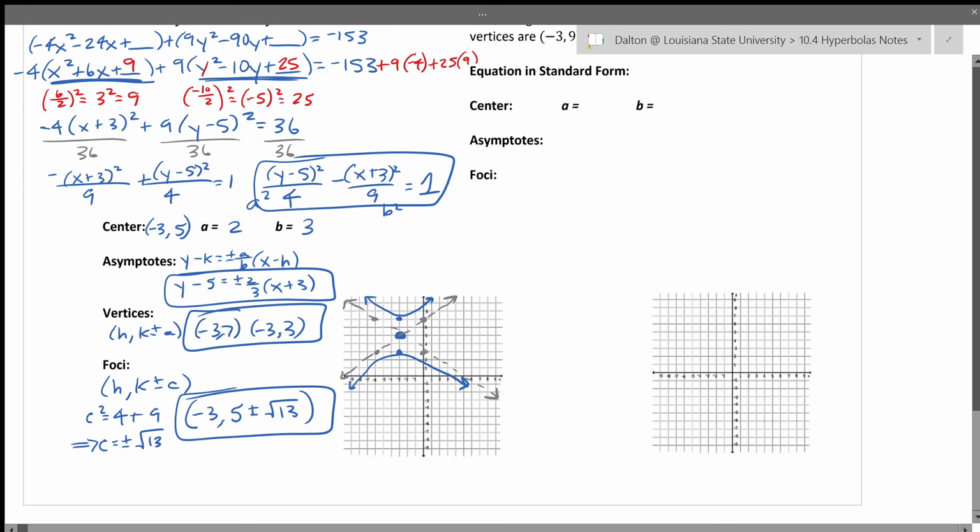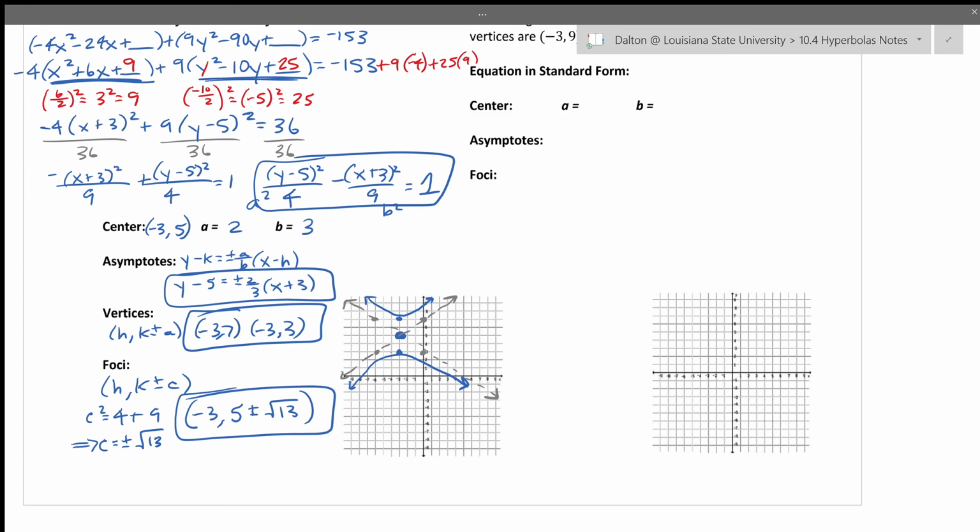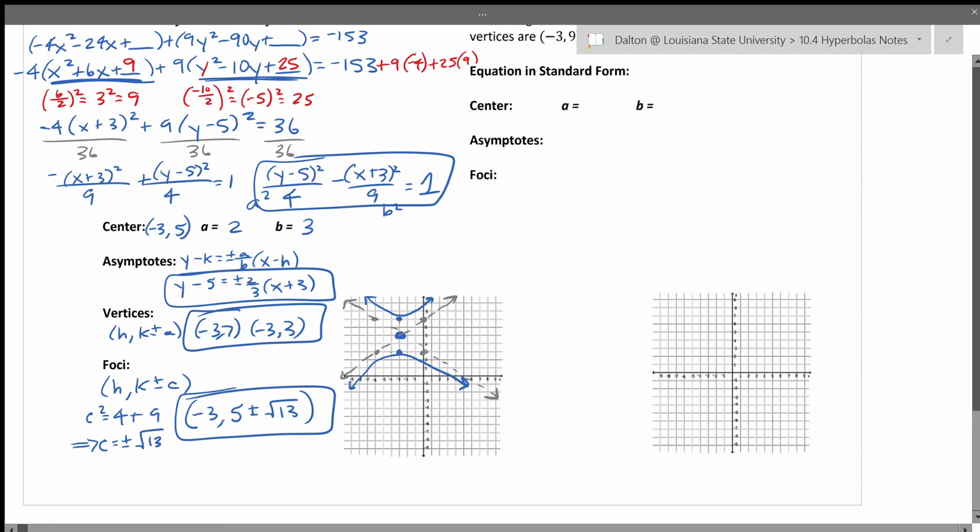To estimate where that is, the square root of 13 is about 3.6 or so. So from the center point, you can go 3.6 upwards, and then from the center, 3.6 downwards to get those foci. Again, the foci are going to be inside the curve.